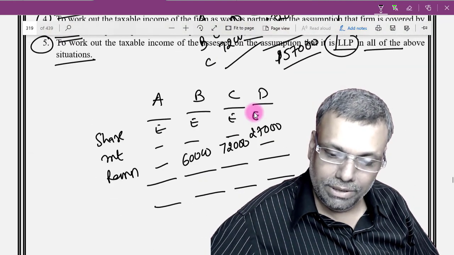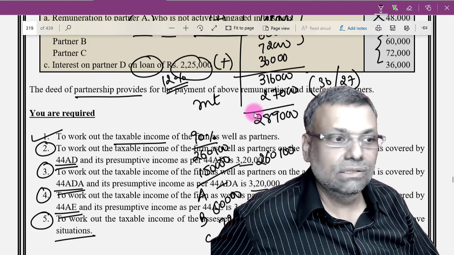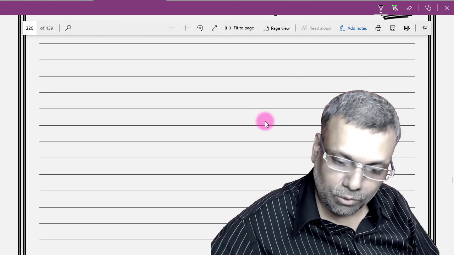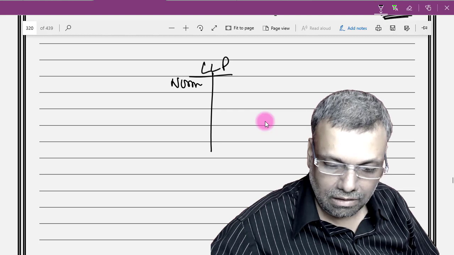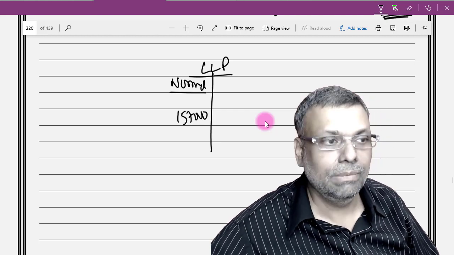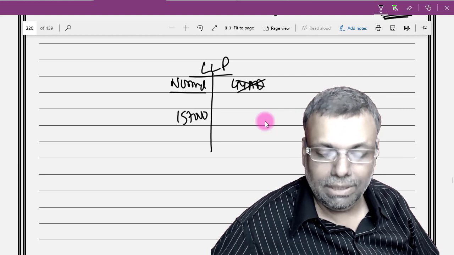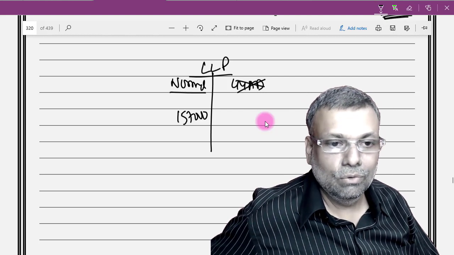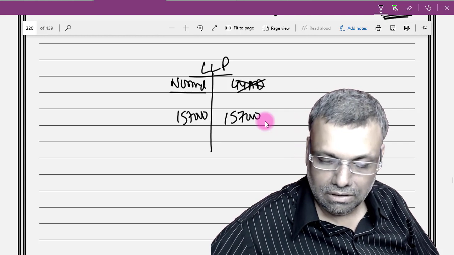So my answer is again going to be 2,89,000 minus remuneration, which is 1,57,000. Normally, my answer is going to be 1,57,000, that is after my remuneration and all that. Now 44AD does not apply to an LLP. That means I have to compute as per normal provisions only. So that is again going to be 1,57,000.